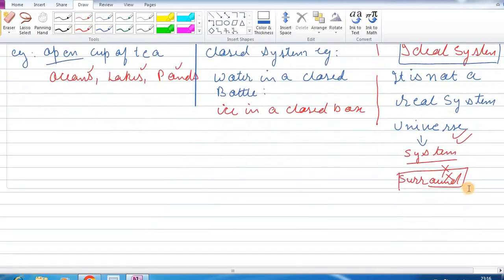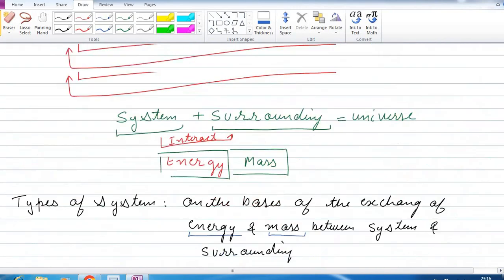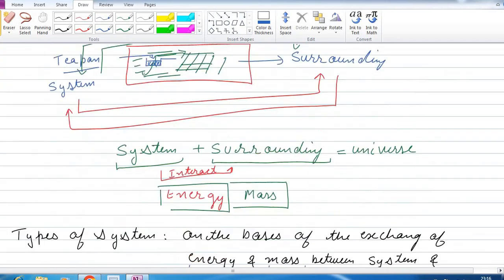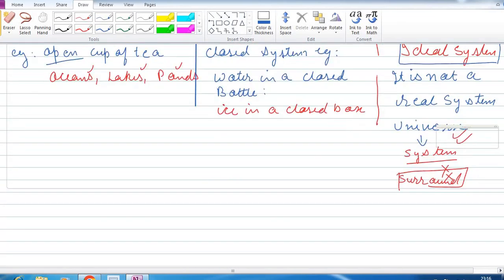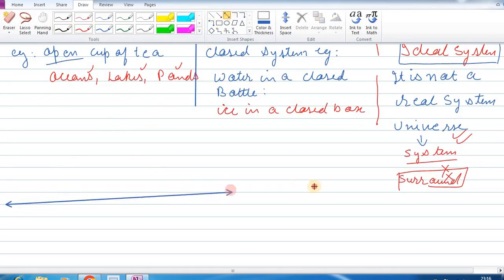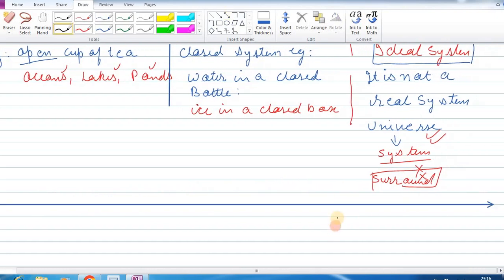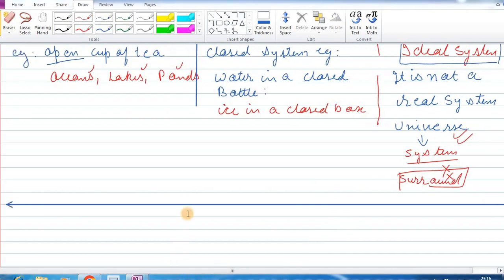Now, if you have understood this content so far, then you will be able to answer a few questions. Now we will discuss mainly the category of different types of systems. I'm giving you a few examples, and you have to distinguish whether the given example is an open system or a closed system.